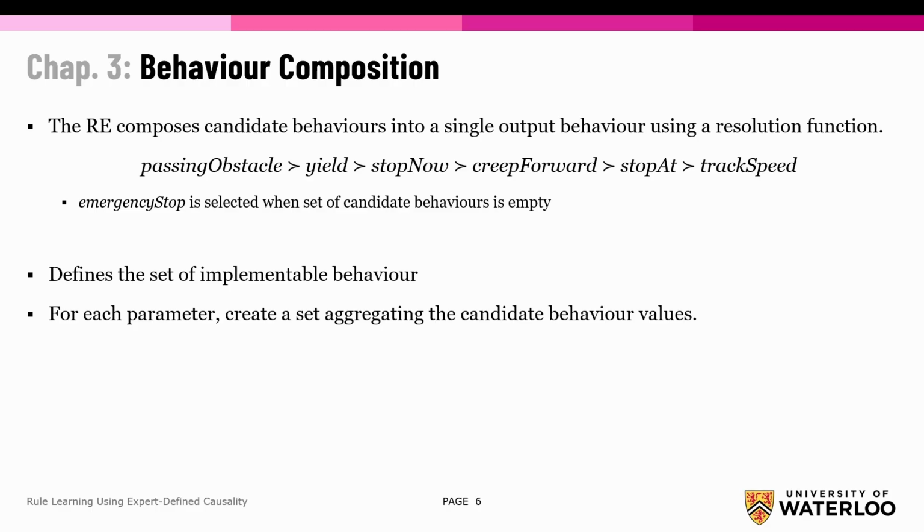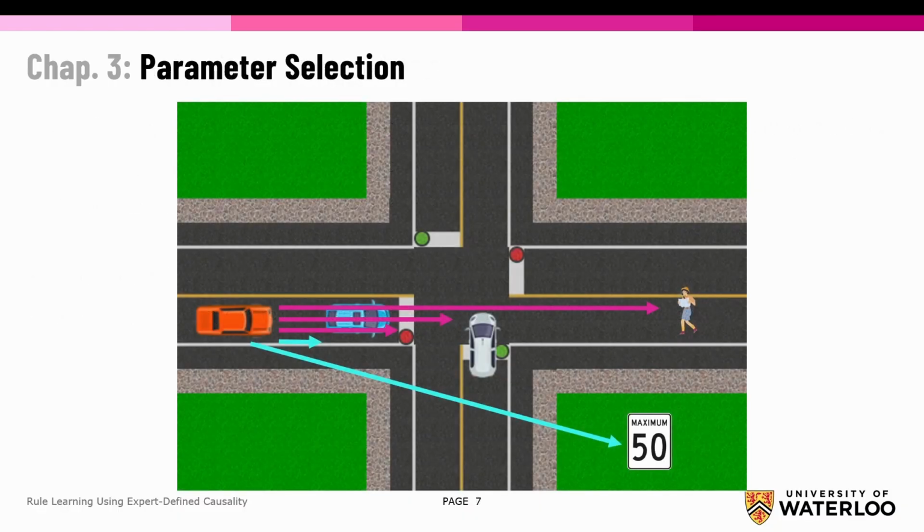When we collect all of the candidate values, it passes that to the third layer of rules. In the case of the stop at behavior, we have 3 candidate values for the stop location, which are depicted with the pink arrow, and 2 candidate values for the blue arrow. The third layer just performs minimization over those parameters, so closest stopping distance and lowest speed of them all.